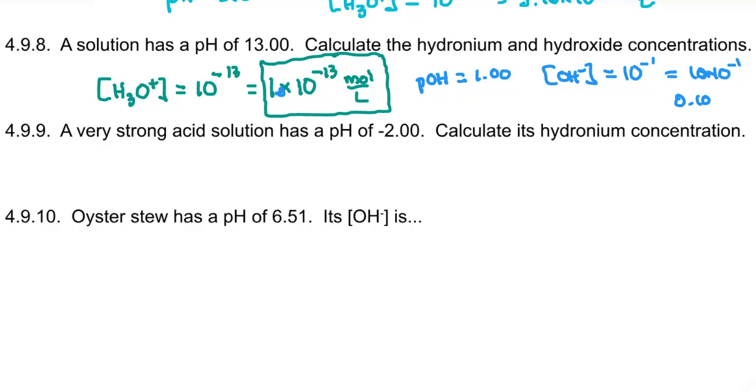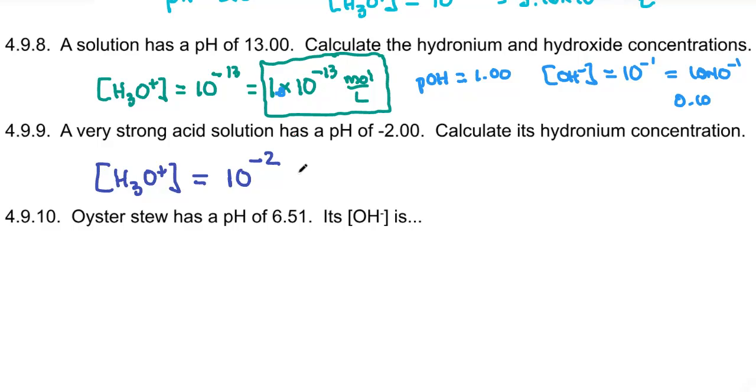Very strong acid solution has a pH of -2, and they want hydronium. Okay, well, a formula tells us what to do here, except there's a little bit of a trap in this one. The formula says you do 10 to the minus pH, and a lot of people are going to write this.